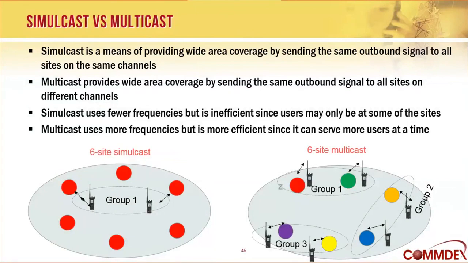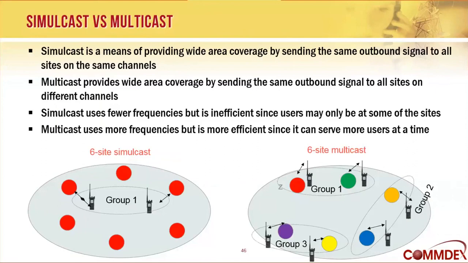Multicast, on the other hand, will send the same signal out, but we'll do it on different frequencies at each site. And by doing that, you can select only the sites that have users within your particular user group.